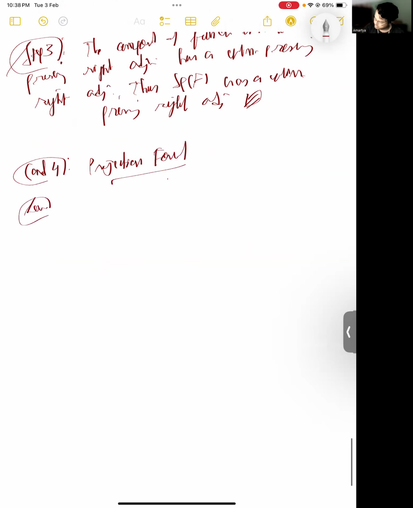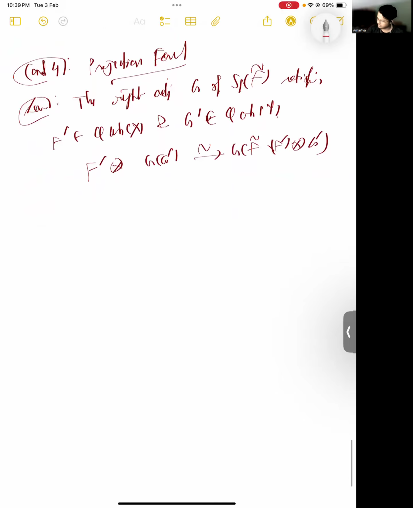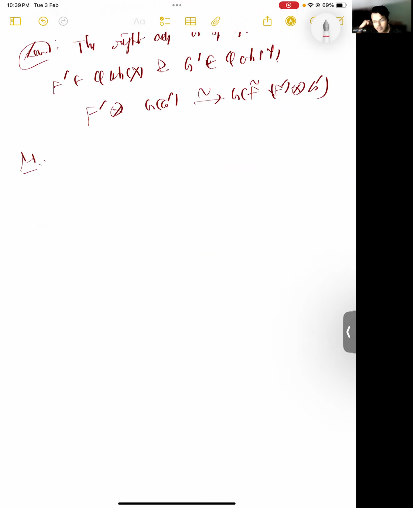Okay, so let's start with the lemma. The right adjoint G of SP tilde satisfies, let's say, for f dash in Q co X and g dash in Q co Y, f dash tensor g, which is equivalent to f tilde f dash tensor to, right.